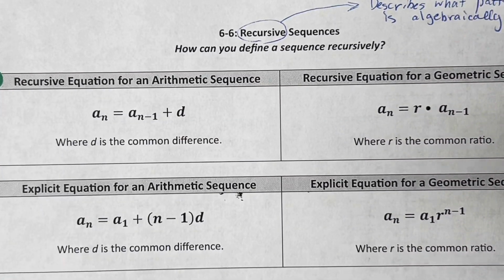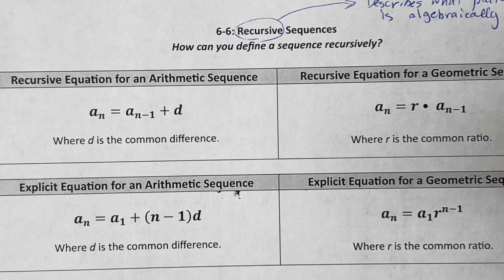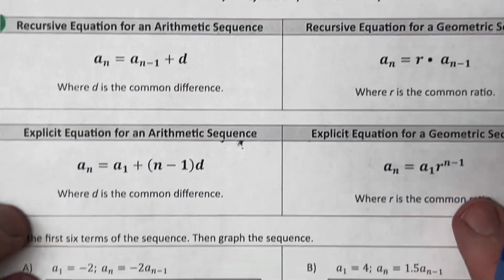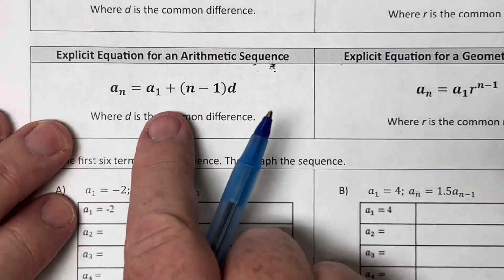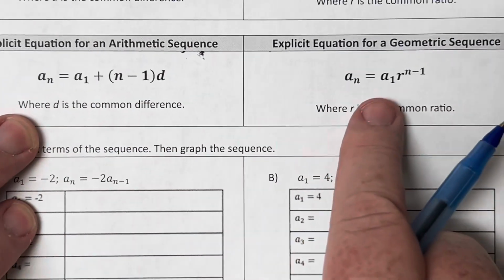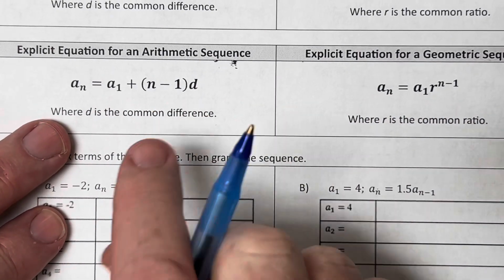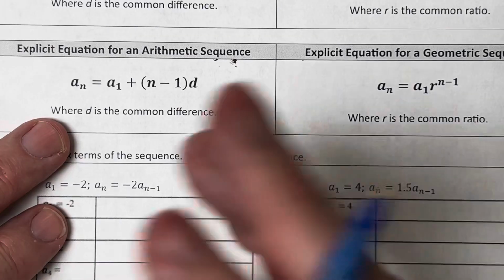Okay, so we've done arithmetic sequences, we've done geometric sequences, and when we did them, we were using these formulas, these equations. And these are very helpful in finding any term.